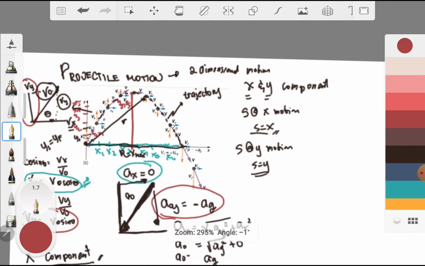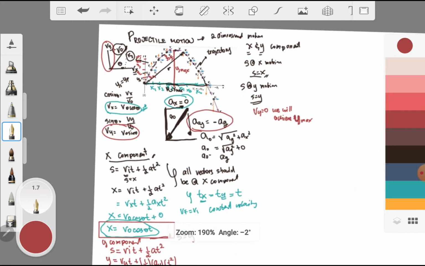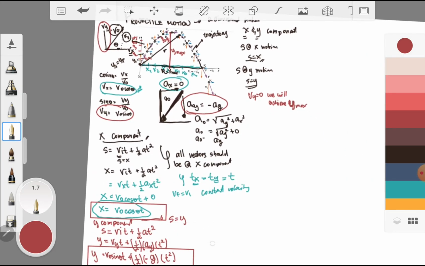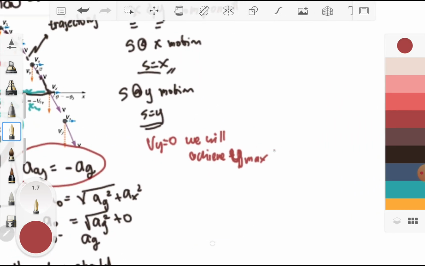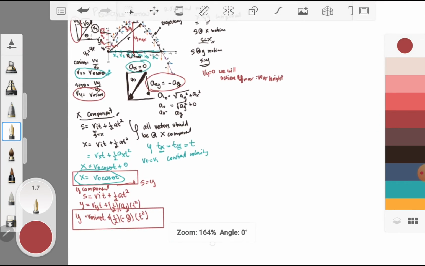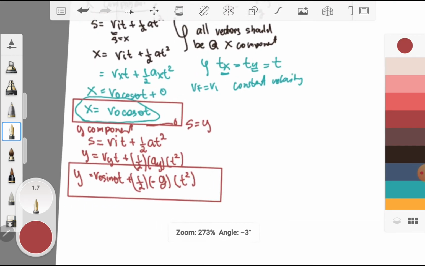At Vy is equal to 0, we will achieve Y max, I should have said. So Y max, ito yung Y max natin, or your maximum vertical position, or particularly your maximum height. But how will we solve it using your calculus? Okay, calculus tayo, no? So, dali lang.